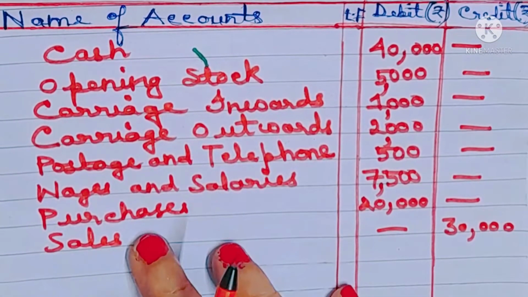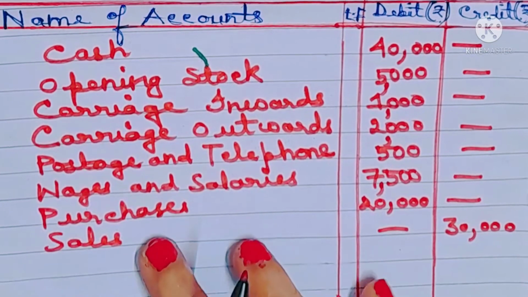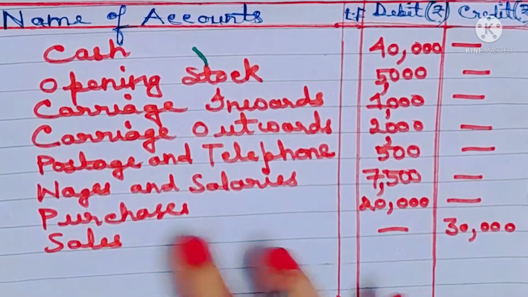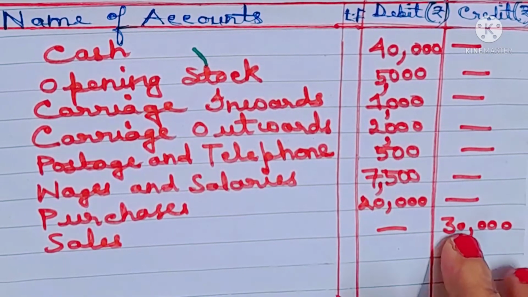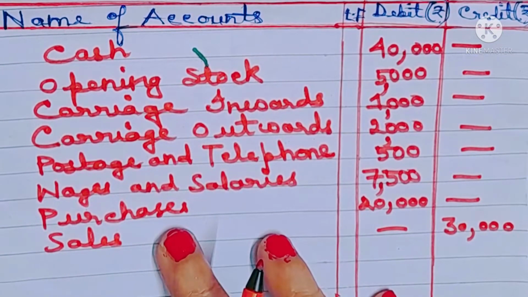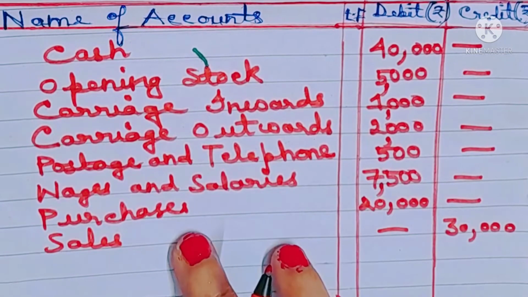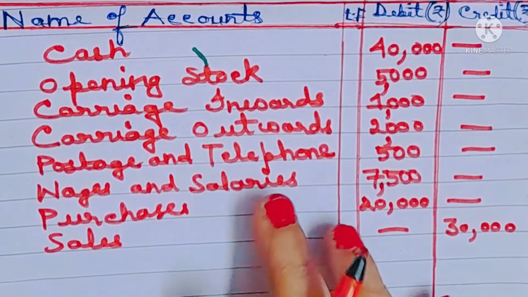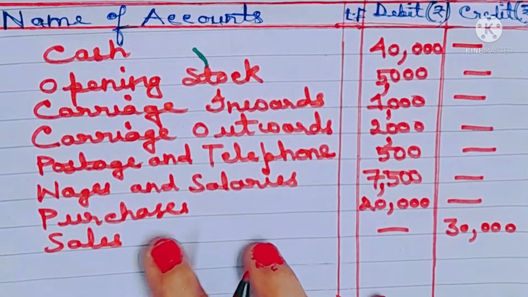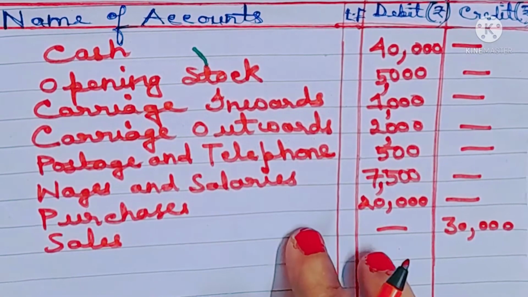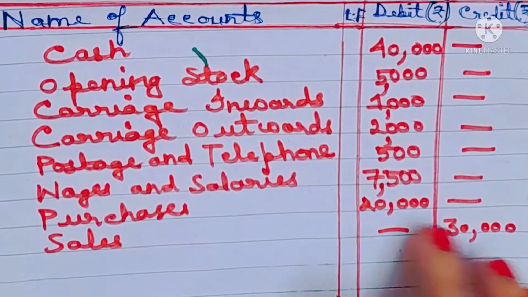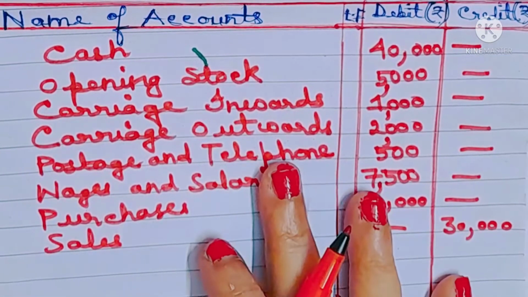Here, when goods are sold, goods go out from the business. So, sales account will be credited. According to nominal account, all incomes and gains credit. Here, when goods are sold, cash comes into the business. So, sales is an income for the business. So, sales account will be credited. Understood? Now, let's see the next account.